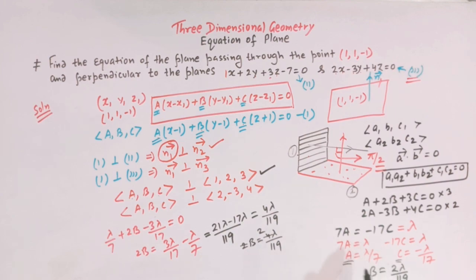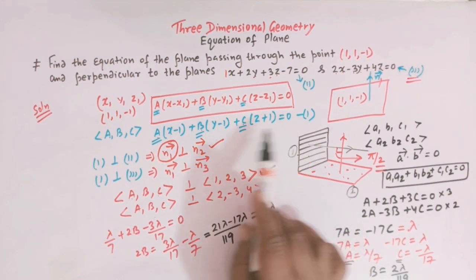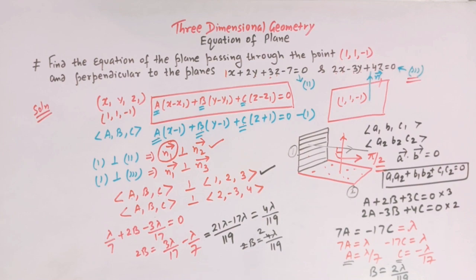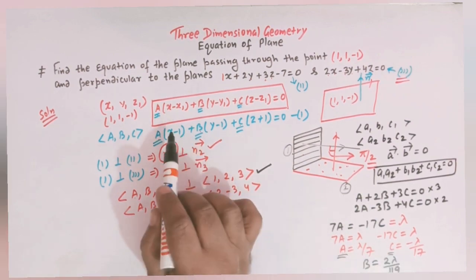So viewers, here we have got the values of a, b, c in terms of our scalar or the parameter lambda, right? Now the final step is to substitute the values of a, b and c in this equation number 1 to get the desired equation of our plane, right? So now let us substitute the values of a, b, c over here.